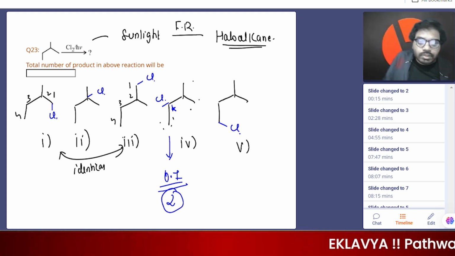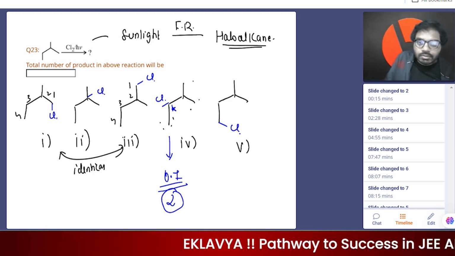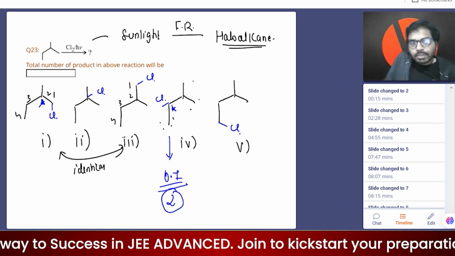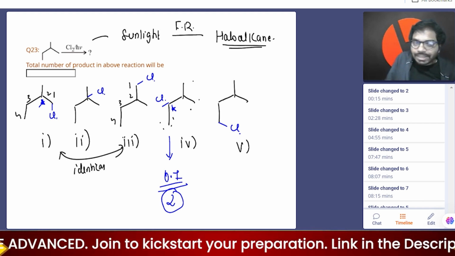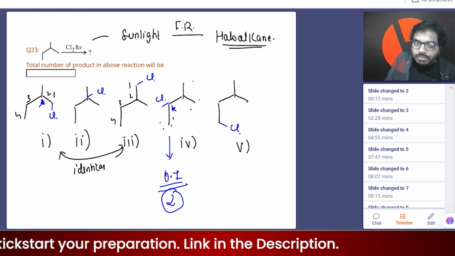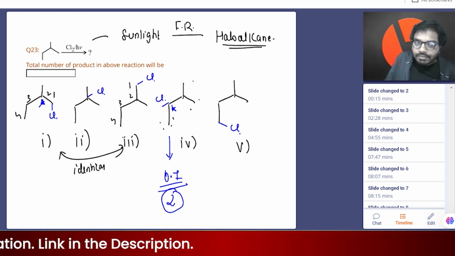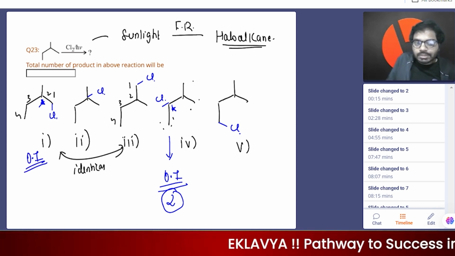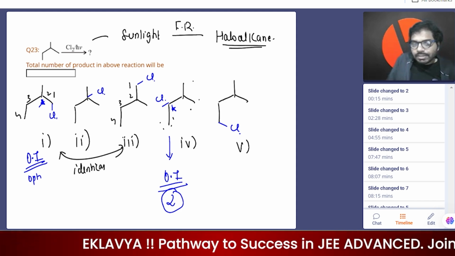I can see here this first one, or any one of them, this carbon, the second carbon, is optically active. Can we see this? One methyl group is present, one Cl group is present, and on the left hand side one ethyl and hydrogen is present. So for the first and the fourth, the optically active isomer is present. Chiral carbon is present. These are optically active.